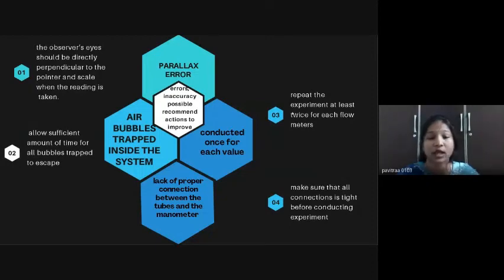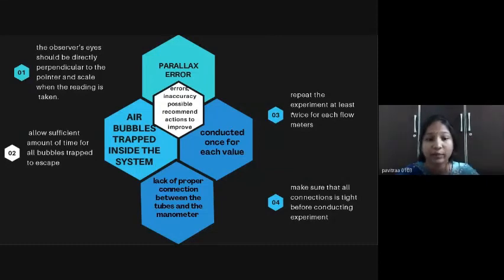This causes parallax error to occur. Secondly, there are air bubbles trapped inside the system when conducting the experiment, and a short time is given for the ventilation valve to be opened so the air bubbles did not have enough time to escape. Then, the experiment for each flow meter is only conducted once for each value. Finally, lack of proper connection between the tubes and the manometer causes water leakage to occur.